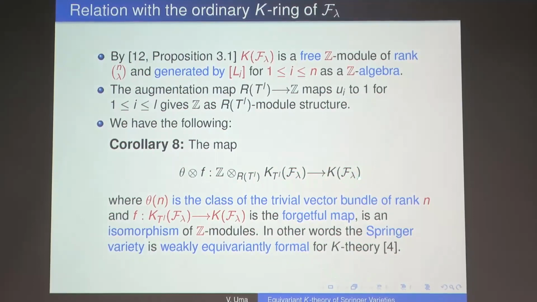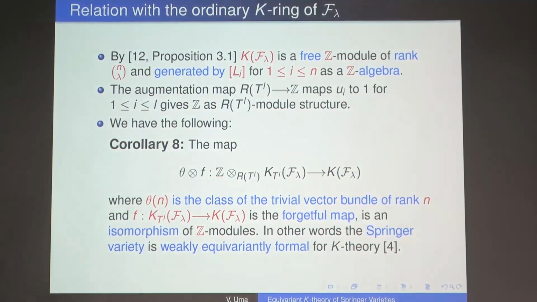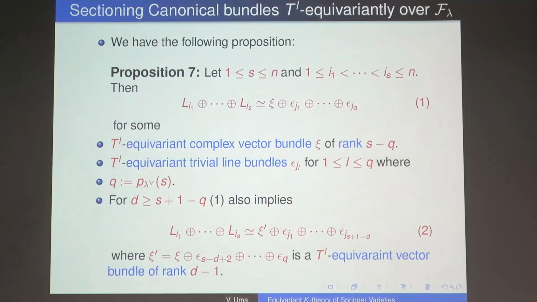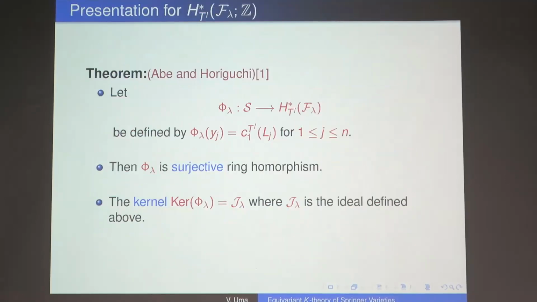So in particular, we show that the Springer varieties are K-theoretically weakly equivariantly formal because of this. So it means we can recover the ordinary one. Yes, we can recover from that presentation. For cohomology also, it's true that we can recover Tanisaki by just putting the Ui as 0. We will get the Tanisaki presentation, the earlier result of Horiguchi.